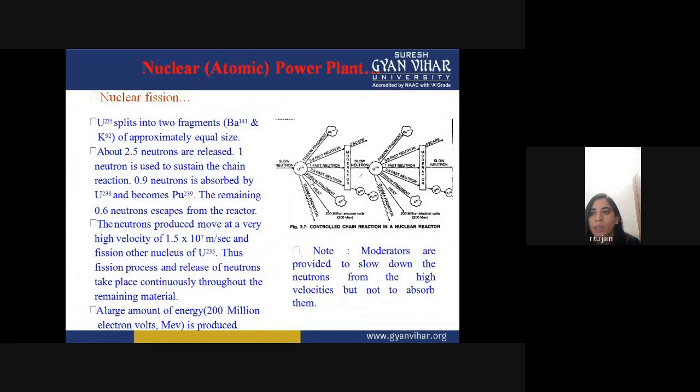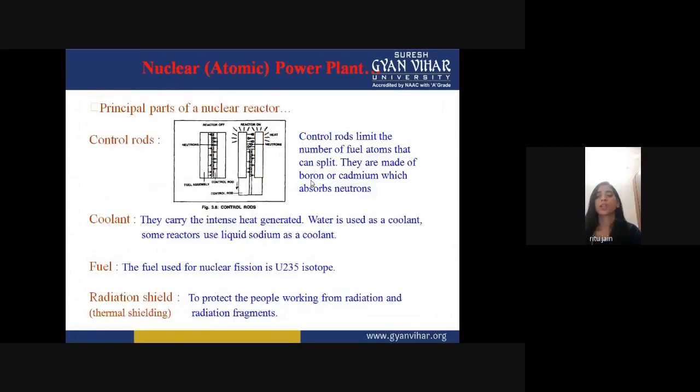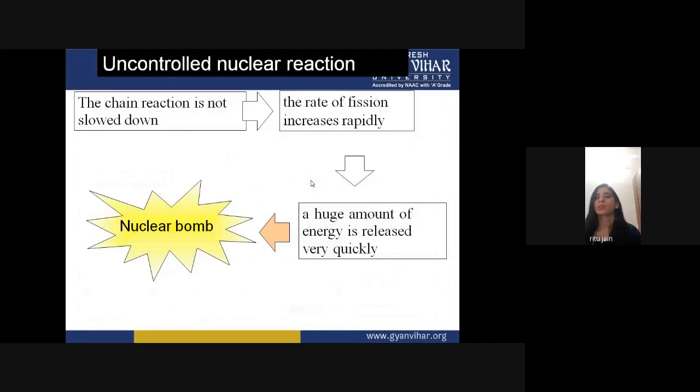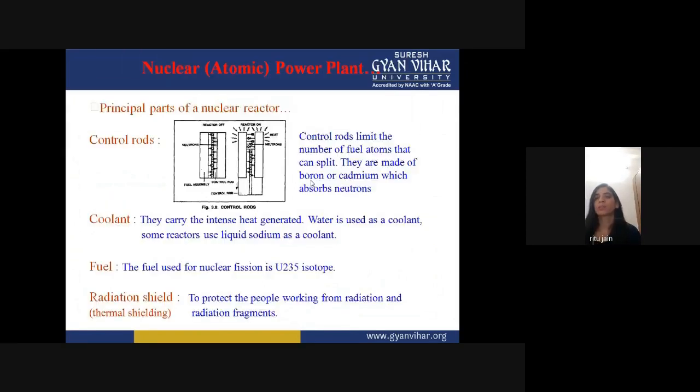It can produce a number of diseases in the human body. So the radiation shield is very important. It must not touch the human body, and the workers who are working in the nuclear power plant. So the radiation shield protects the people working from radiation and radiation fragments, and we use thermal shielding. So this is our main part of the nuclear power plant.